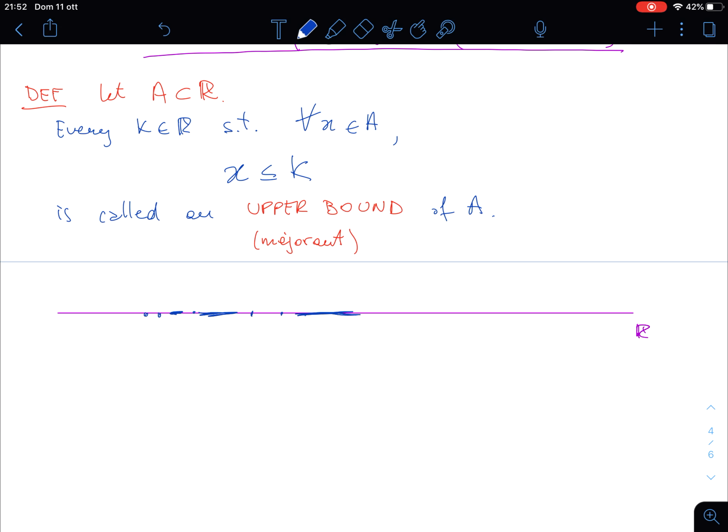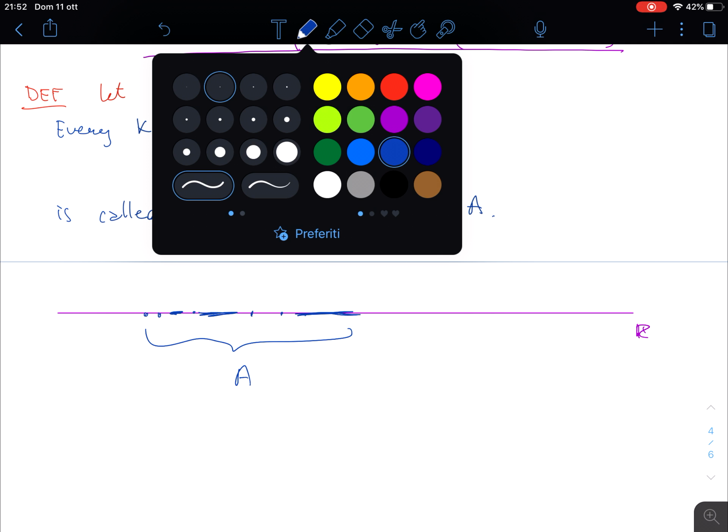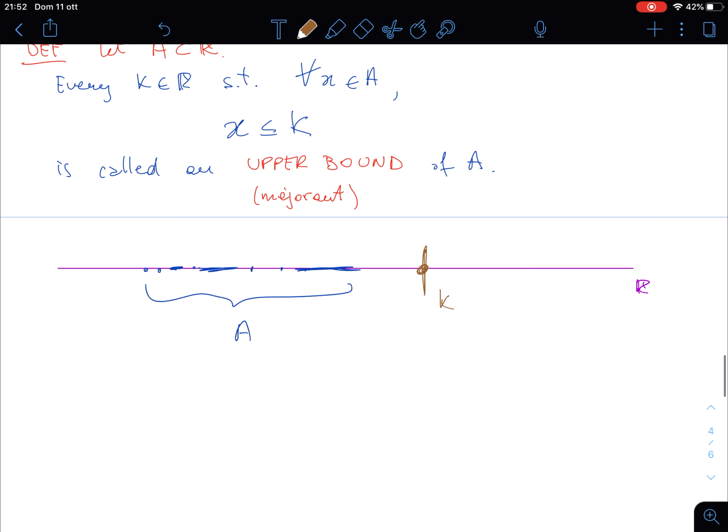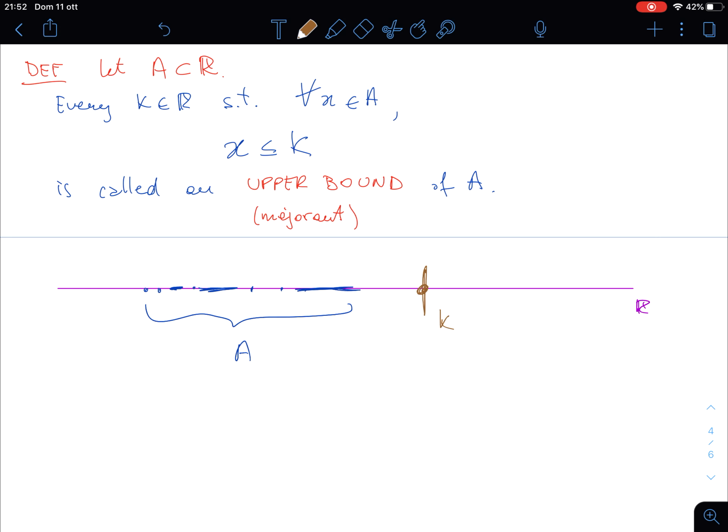The blue set is A, and the point here, which is on the right-hand side with respect to the whole A, this is k, and it is called an upper bound of A. Of course, there can be subsets of R that have no upper bound. For instance, R plus or R itself have no upper bound.